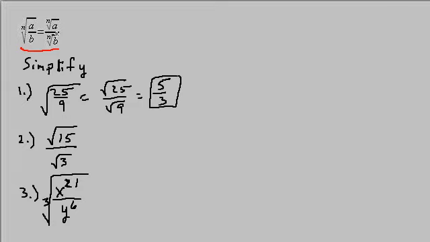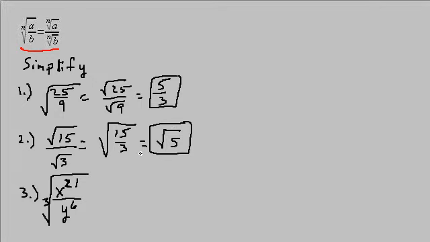So I'm going to rewrite this into this form over here on the left hand side. So this is the square root of 15 over 3, and 15 over 3 is 5, so I get the square root of 5. Because remember, we can't have a radical in the denominator. And we'll talk about rationalizing the denominator in a later video.